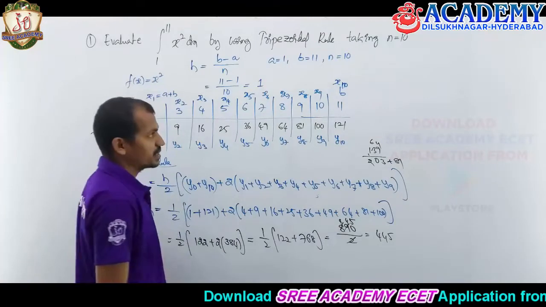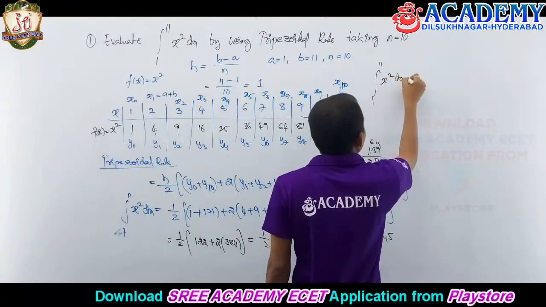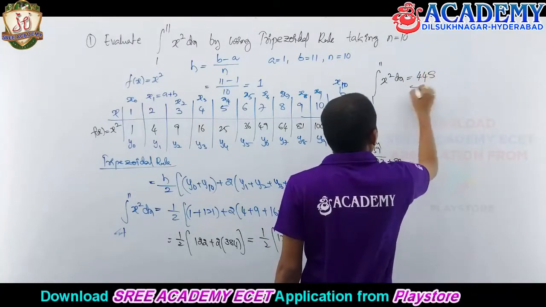By using the trapezoidal rule, integral 1 to 11 x square dx equals 445.